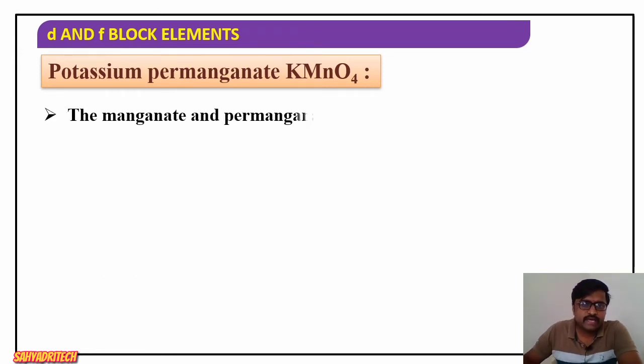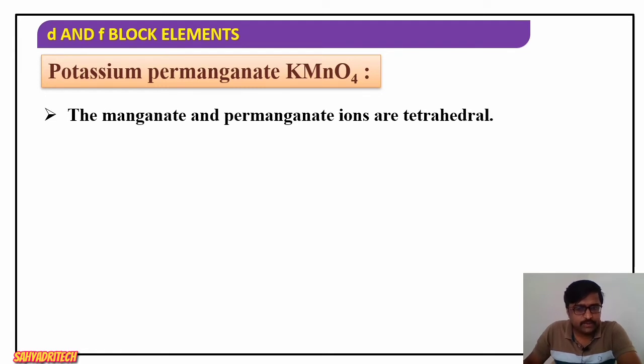Well, now what I said, manganate and permanganate ions, these are the two forms. Manganate, what is the formula? MnO4 2 minus. And what about permanganate? MnO4 minus.